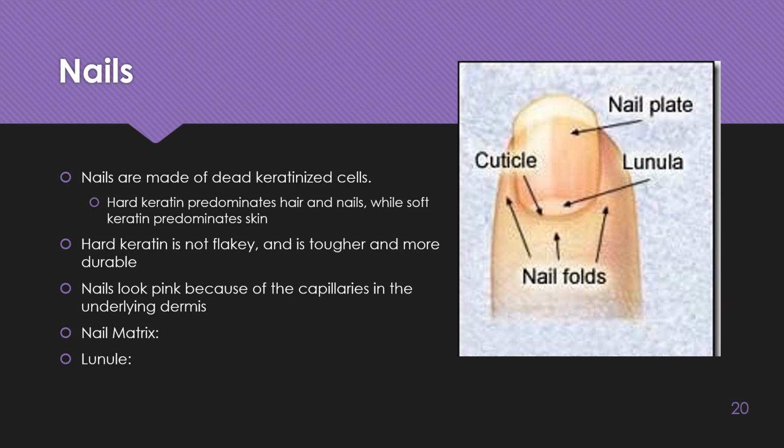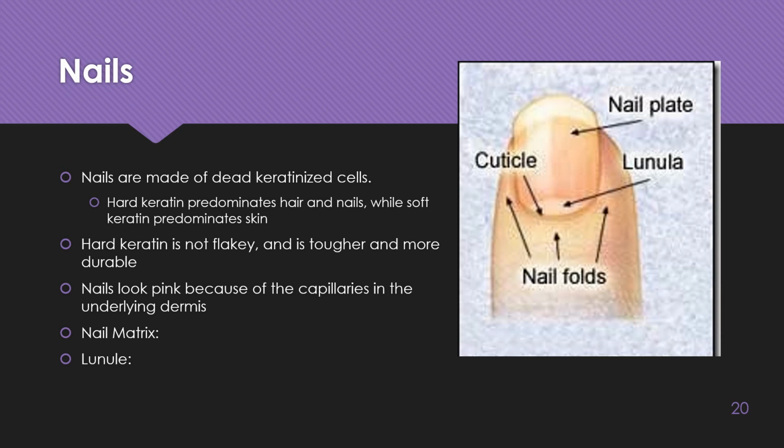Okay, so let's start by talking about the nails. Our nails are made of dead keratinized cells, and hard keratin predominates in the hair and nails, while we have soft keratin that dominates in the skin. So there are really two different types of keratin that we have.